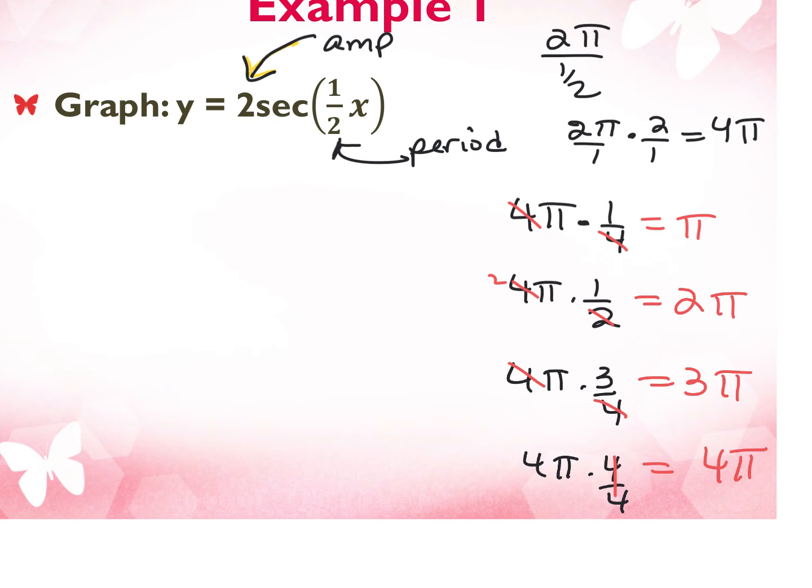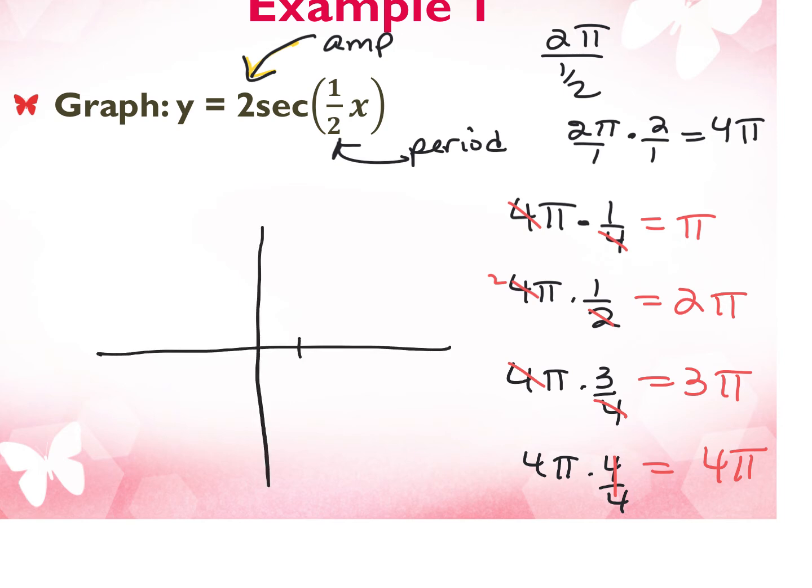Remember, when there's not a horizontal shift, it's like a mirrored image. So I could just put negative signs in front of all these and put them on the left side of the y-axis. So let's go ahead and set up our x and y-axis. This time I don't have little boxes to count. I'm just going to space all these evenly apart. So let's go ahead and graph.